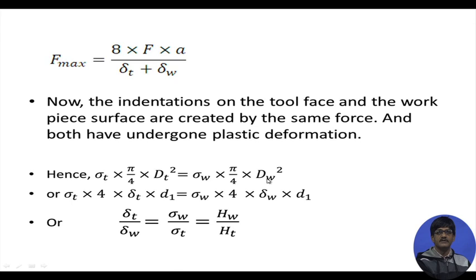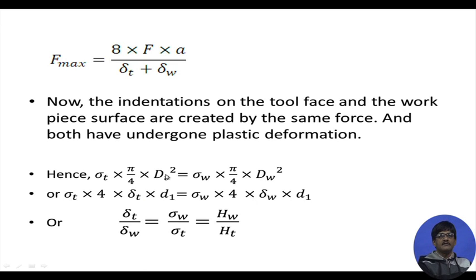If we have established that, these two will be equal, pi by 4 will cancel out from both sides, and Dt can be replaced using the Pythagorean relation that we had derived.